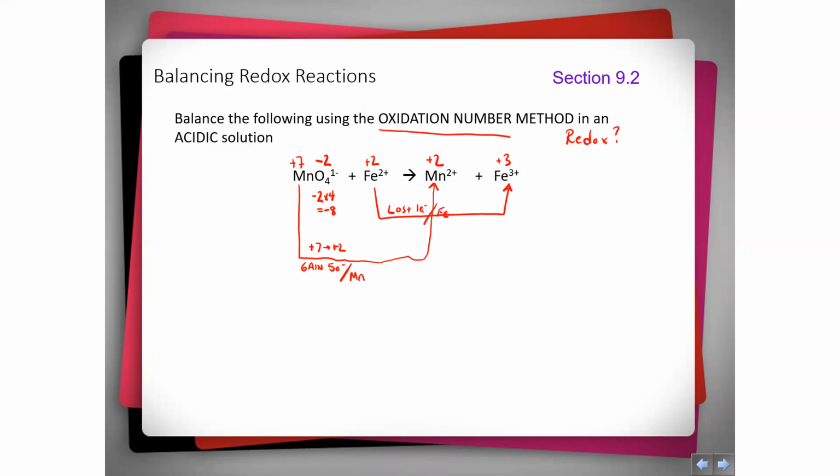Now, we can't have a reaction where manganese is reduced, gains 5 electrons, but iron only loses 1. They have to be balanced. So how do you make this even? I'm just going to change the color here so it's a little bit more obvious. We're going to multiply this half reaction by 5.